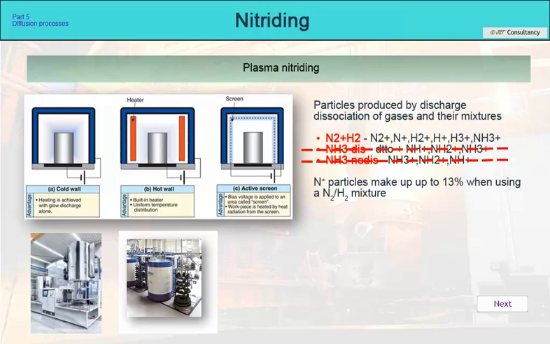There are several versions of this technology. All of them are based on a vacuum vessel, where the nitrided parts themselves are on the cathode. The vessel of the plasma nitriding device is the anode. The devices can have a cold wall, a heated wall.